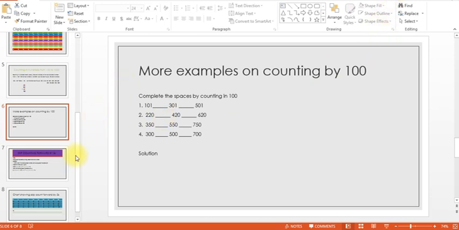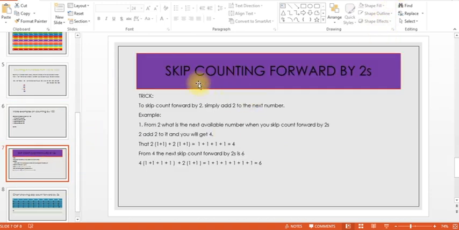Next slide. So this is our next slide. In the next slide we are looking at skip counting forward by 2s. Skip counting forward by what? 2s. Now let's look at the trick involved in skip counting forward by 2s.